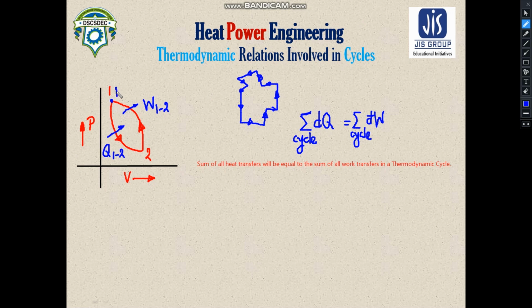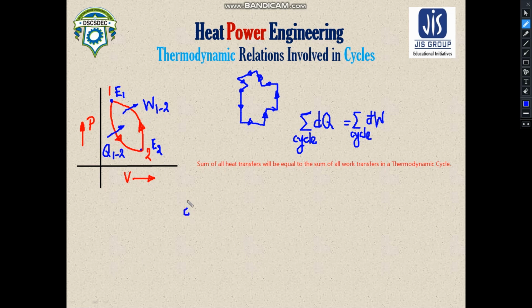It depends on the state function. So let us consider the internal energy at state 1 was E1. Then after the expansion process that has been carried out, it changed to E2. If you are interested to find out the total change of internal energy, how can we do that?